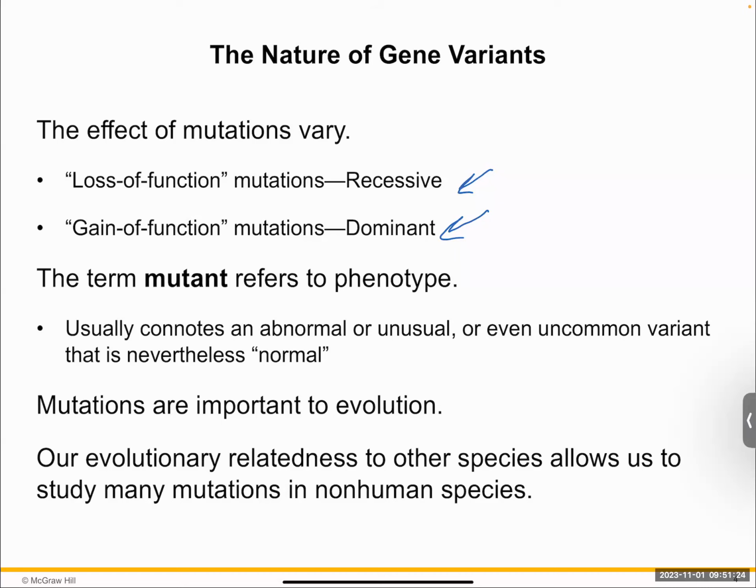The term mutant refers to the phenotype, which means the characteristics that are visible on the person, let's say eye color, hair color, or a change in a gene that led to you not being able to process a certain protein, or accumulation of a certain protein in your body, etc. But it's an actual physical change that can be observed on the body.